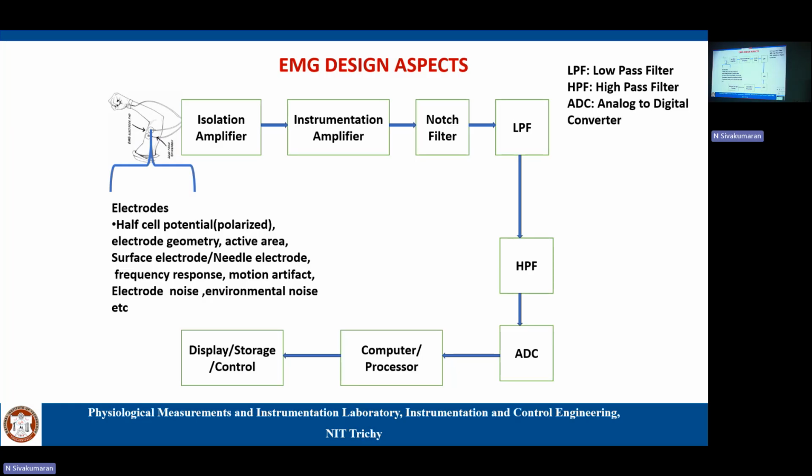Outside the system, in order to flow current there should be a flow of electrons, but inside we have ions, so the flow of ions should be converted to a flow of electrons. So this electrode is basically a transducer that converts the ionic potential to electric potential. Very important, and I'll tell you why it is important.